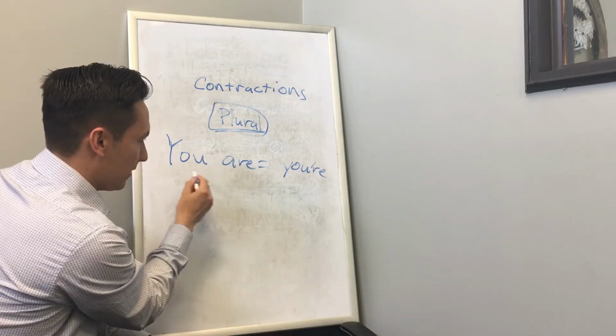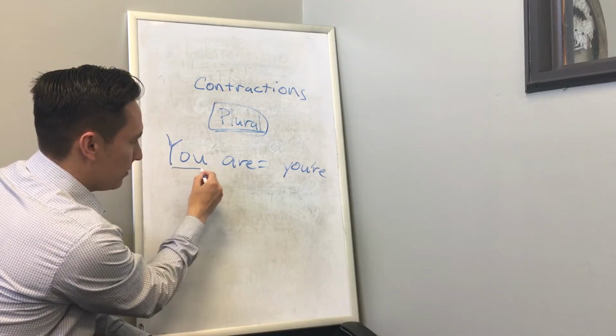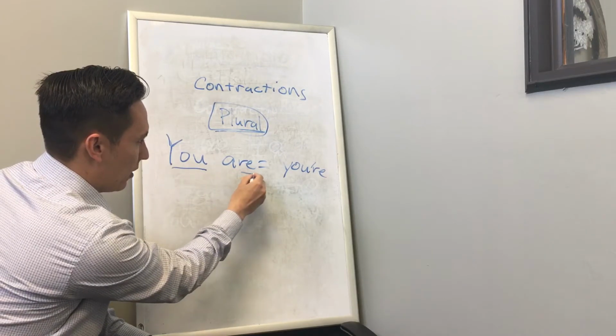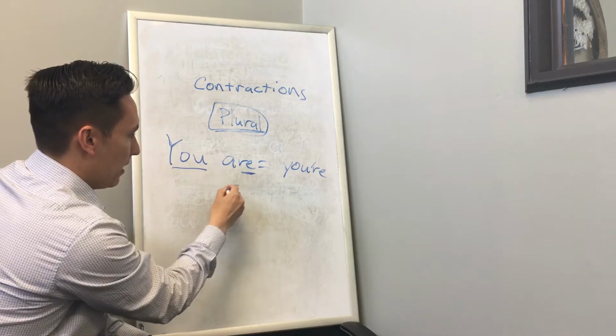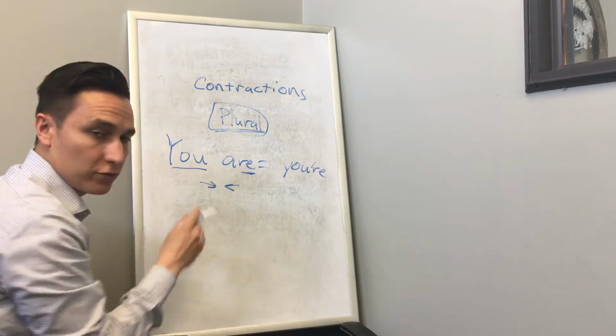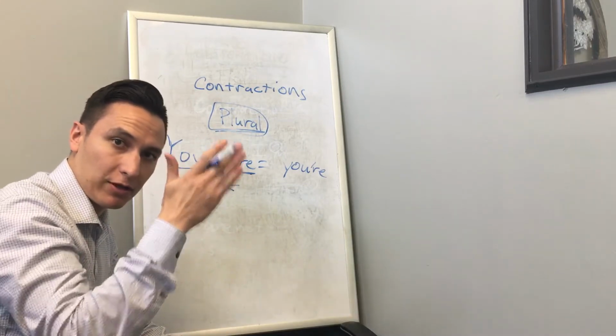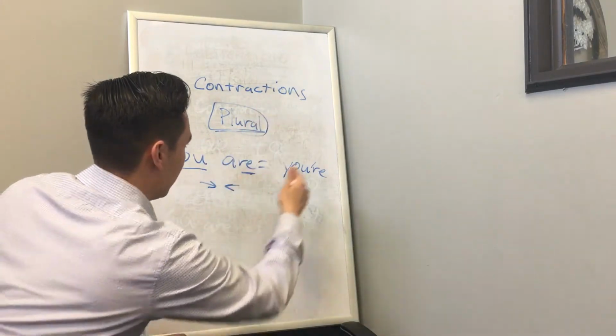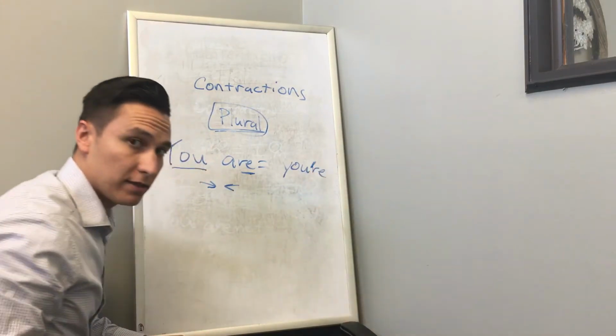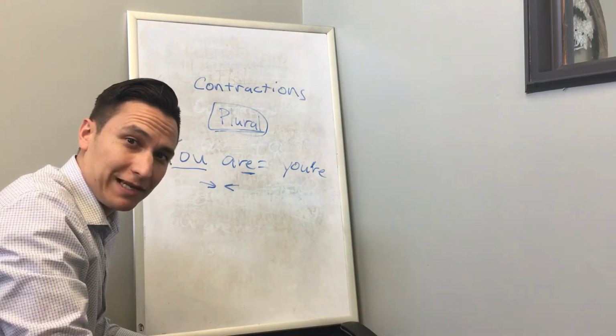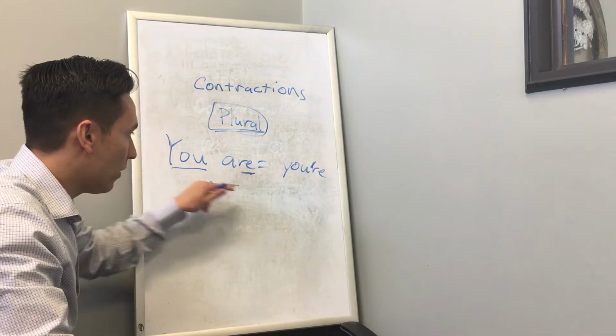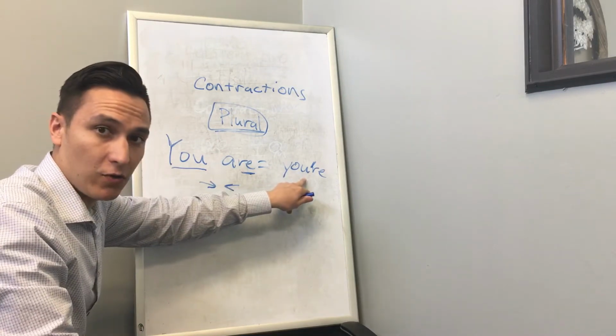So what we do is we take, if you can take a look, we take the U and then we take the R and the E and we put them together, juntos. And then we put a little apostrophe right here to combine the words, and now it's the same. So you are is the same as you're, right?